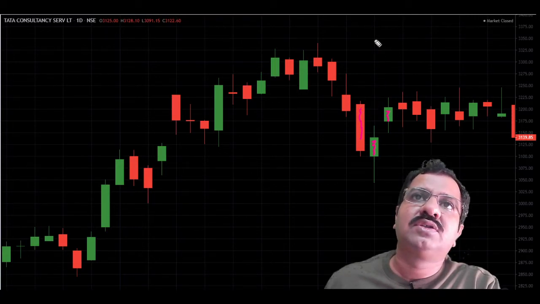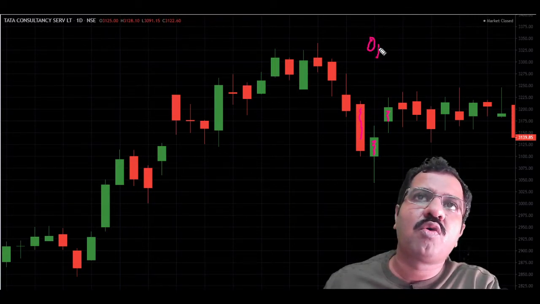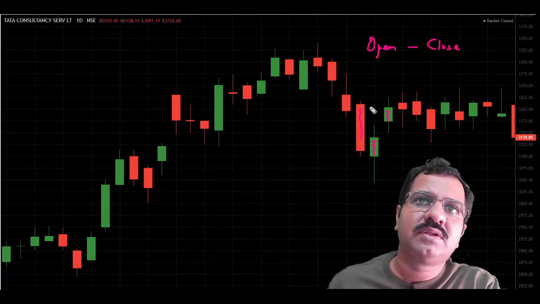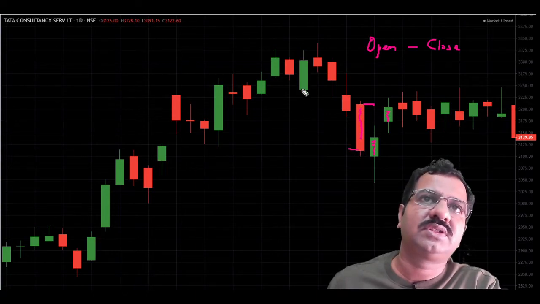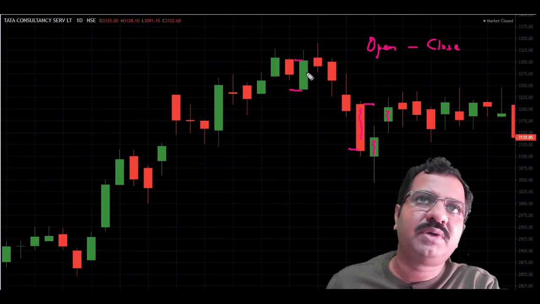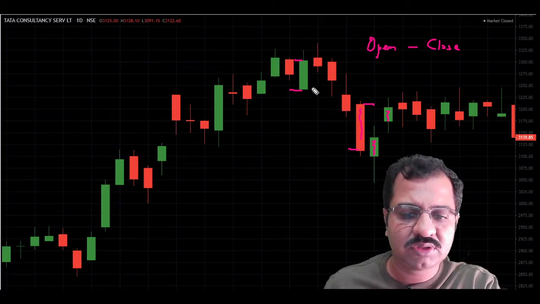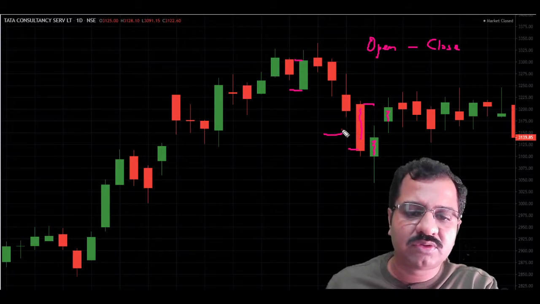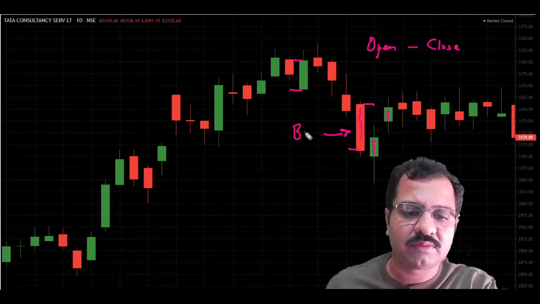Okay, so part between open and close. So part of candle between open, this is open and this is close for this candle, right? For this candle, this is open and this is closed. So part between open and close is called body of the candle. So this is body of the candle.